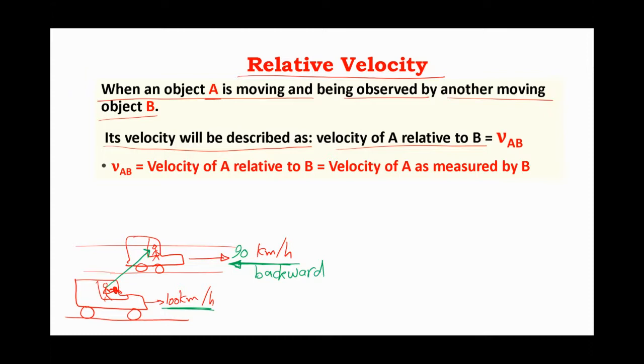It looks like it's moving backward relative to yourself at a speed of 10. So we can say its velocity is negative 10 kilometers per hour, because you will feel that it's moving backward at 10 kilometers per hour. So what you describe is called the relative velocity.